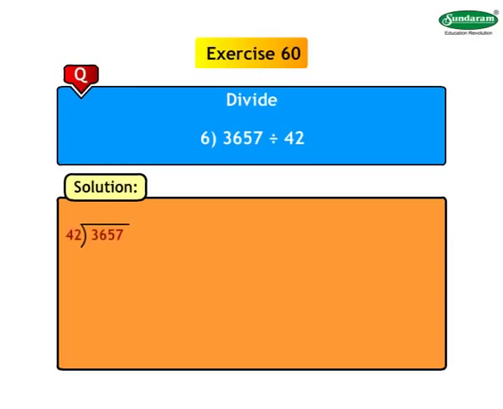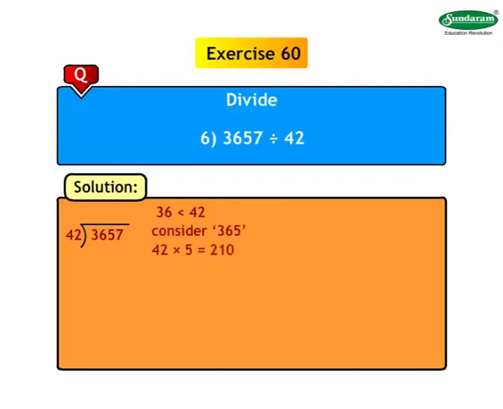Let us begin with the 2 digits on the left of dividend 3657, that is 36. 36 is less than the divisor 42. So we will consider the 3 digits on the left of the dividend, that is 365. Now let us try 42 into 5 is equal to 210.